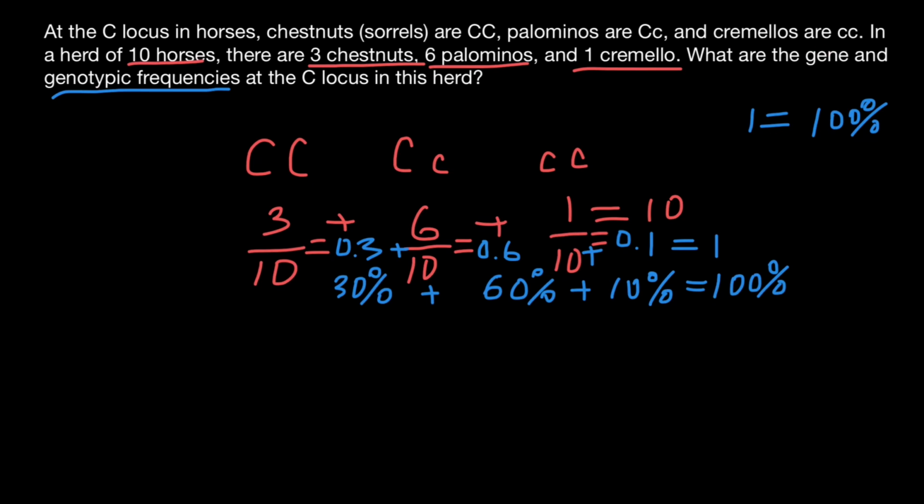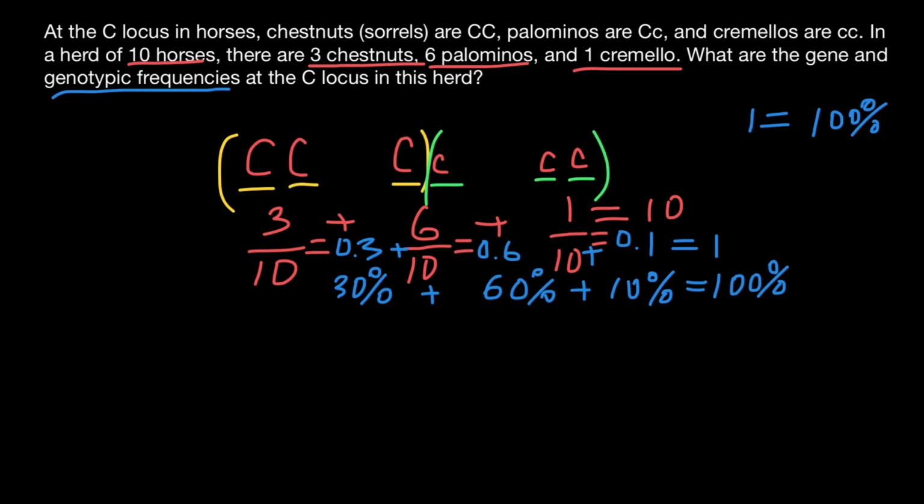This is also very easy to do. The heterozygous genotype consists of 2 alleles, dominant allele C and recessive allele c. So we have to combine these alleles in order to find their frequency. The heterozygous genotype represents 60%, and it consists of 2 alleles.